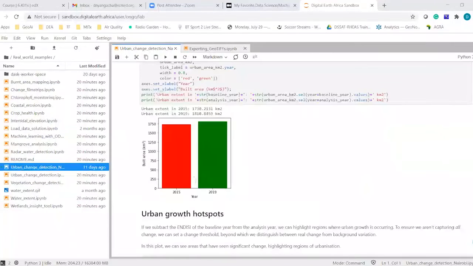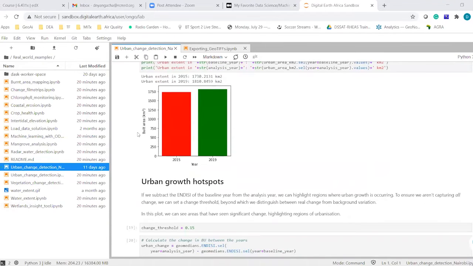And the changes over the years: in 2015 Nairobi's built-up area was 1,730, and in 2019 it was 1,810. So we have to find out the spots where exactly they are.